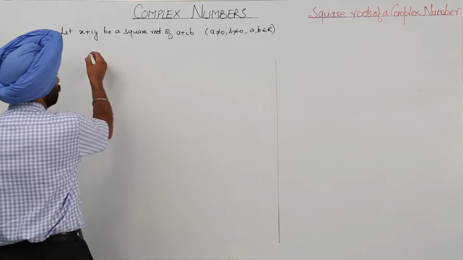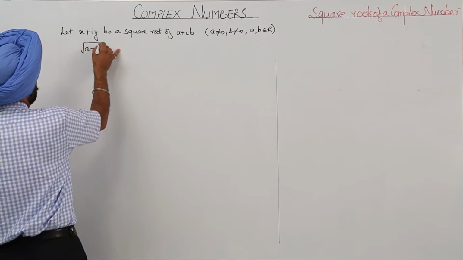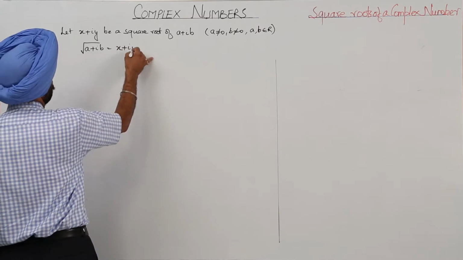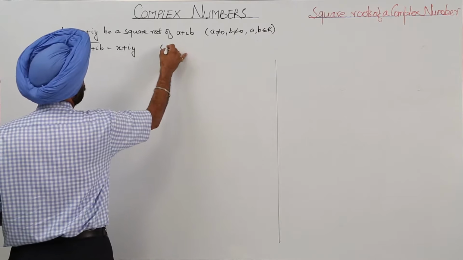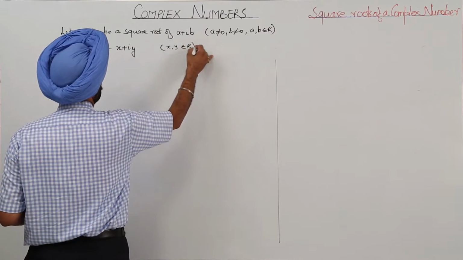So, we have the square root of a plus iota b is equal to x plus iota y, where x comma y belongs to R.